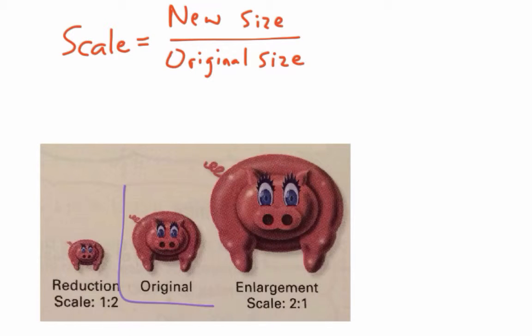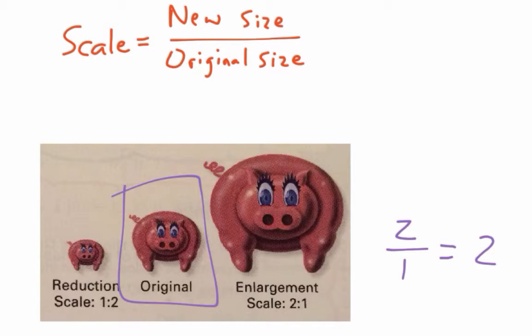In our picture here, this middle pig is the original. If you have something that's twice as big, twice as high, twice as wide, the new size is 2, maybe you measure it, it's 2 inches tall, compared to the 1 inch tall on the other one. So it's going to be a scale change of 2, or really a size change of 2.